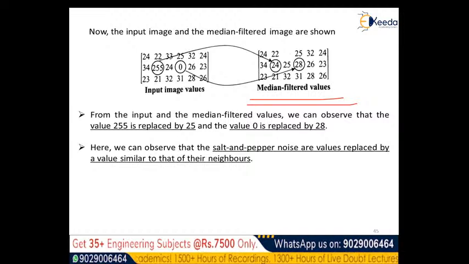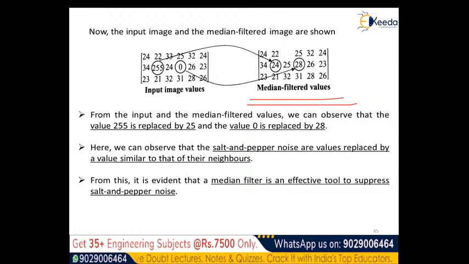Now we observe that salt and pepper noise values are replaced by a value similar to that of their neighbors, and from this it is evident that the median filter is an effective tool to suppress salt and pepper noise. So this way you can answer the question, which was to justify the statement.